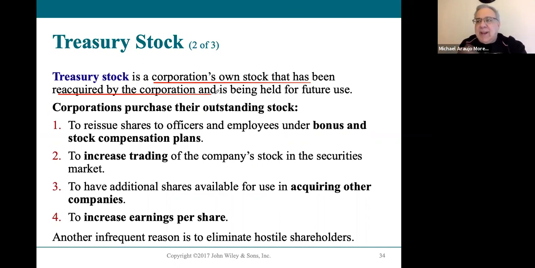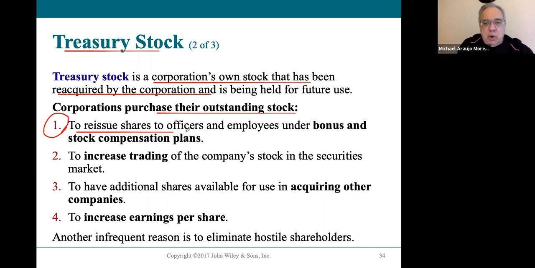The rules are that it has to be issued first, which means they've sold it to investors, and that can be bought back by the corporation as treasury stock. The best reason corporations buy their own stock is because they've promised their managers stock options, stock compensation, bonuses, other things like that.